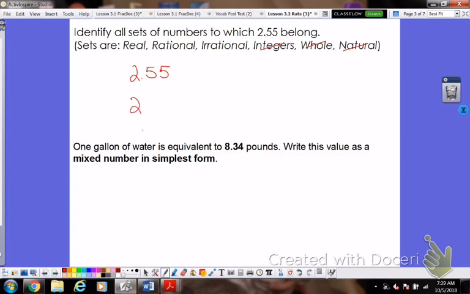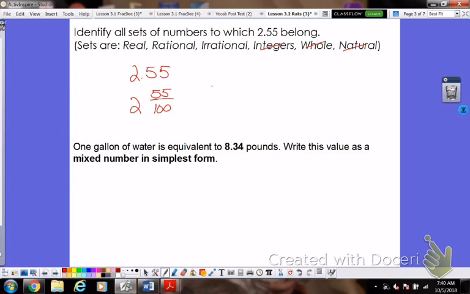Okay, well the 2 would stay a 2. 0.55, if we think about how we would say that, we would say 55 hundredths. So 55 over 100. Now that's not in simplest form, but we just wanted to see if we could write it as a fraction. We can, we just did.